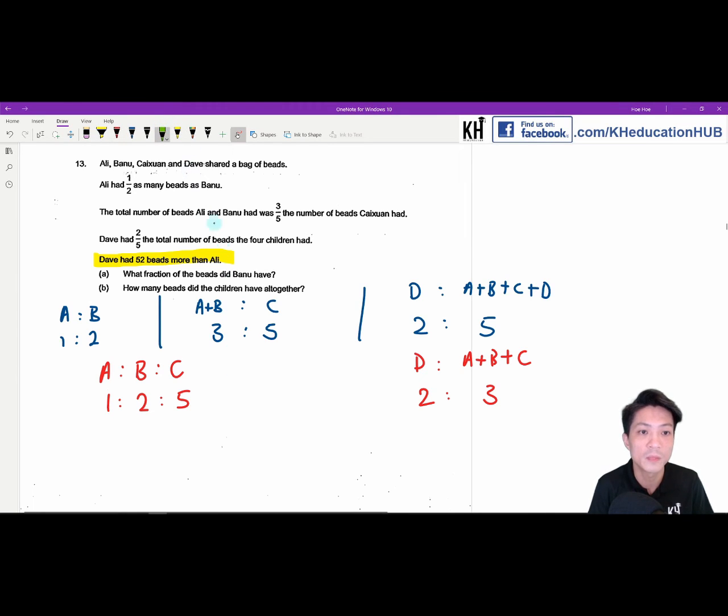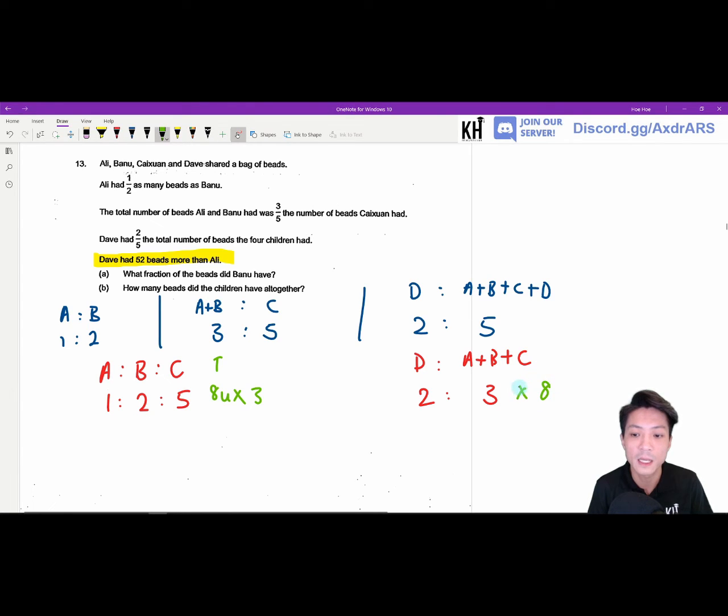Now I'm going to make them the same, because over here the total is 8 units. I need to multiply by 3 over here, and I need to multiply by 8 over here. This is going to give me 3 is to 6 is to 15, and this is going to give me 16 is to 24.